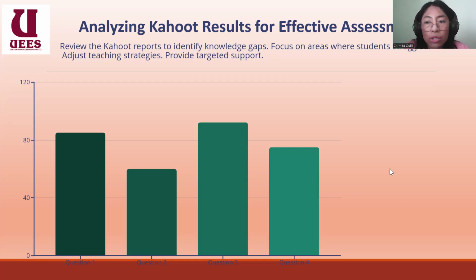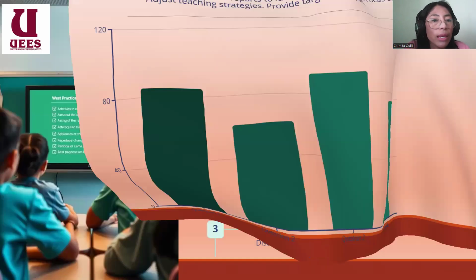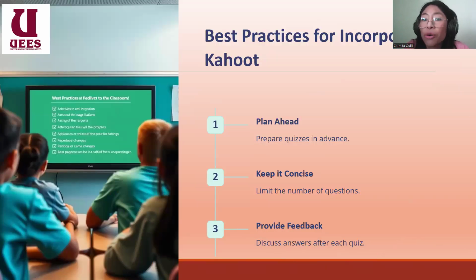Now let's talk about the best practices for incorporating Kahoot. Be aware of the three main pieces of advice for creating a Kahoot. Please plan ahead and prepare quizzes in advance.